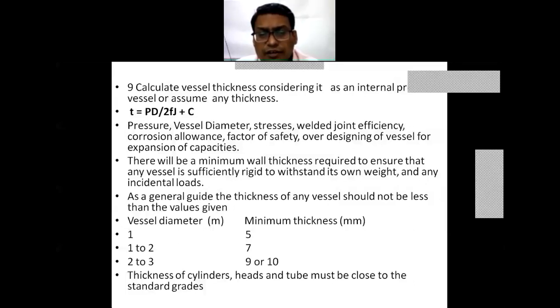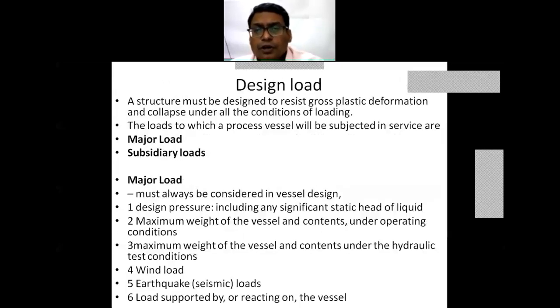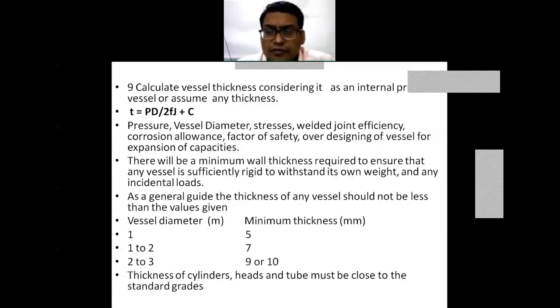So the thickness of cylinder heads and the different tubes must be close to the standard grades. When you talk about standard grades, it comes as 5 millimeter thickness, then 6 millimeter, 8 millimeter, 10 millimeter thickness plates, which are mostly available. 10, 12, 14.